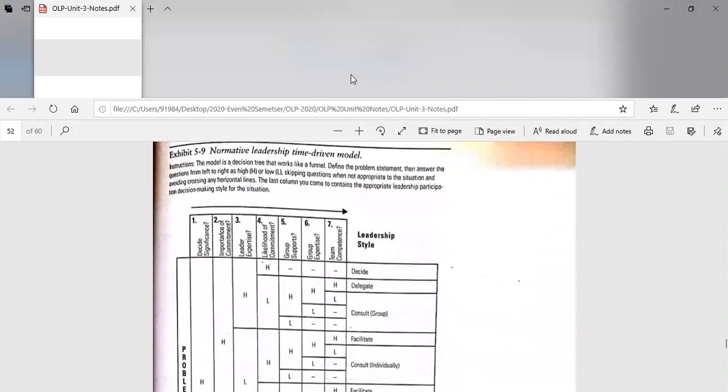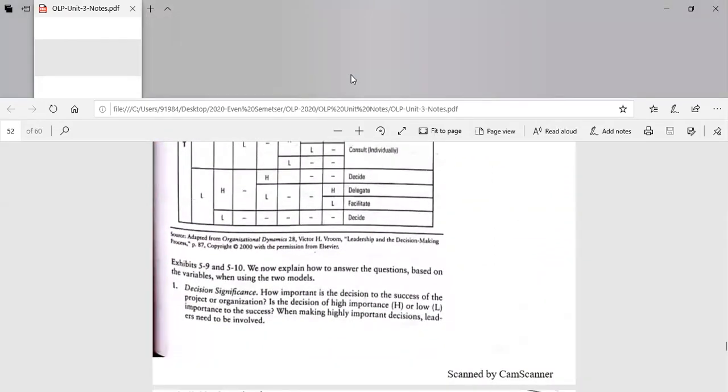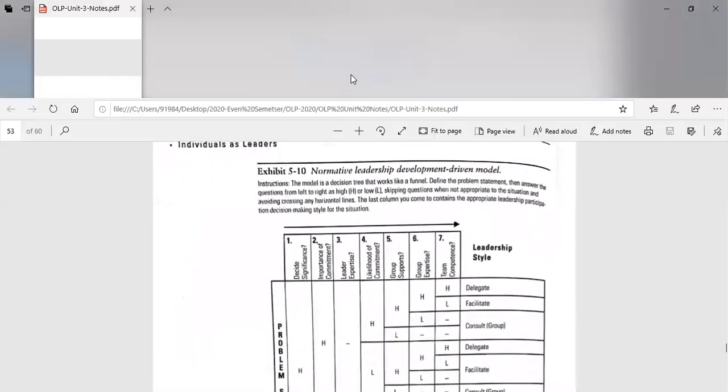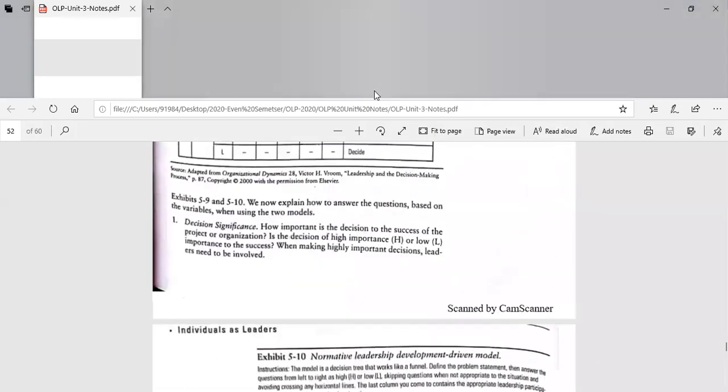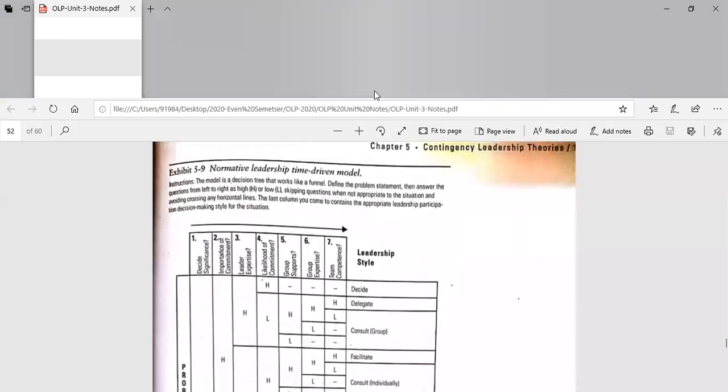Now see here, normative leadership: the time-driven model and the development model. There are two, already mentioned in the definition. So it has been divided into the time-driven model and the development-driven model. This second one is related to the development model. So that is how we'll see the 2 things. Here, based on the style, they have mentioned variables as a table. We have discussed the leadership styles.